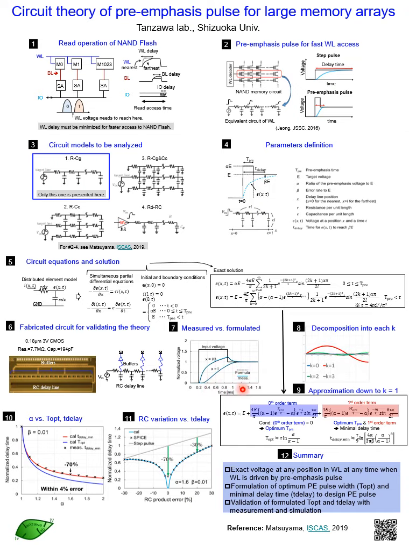This curve shows the measured result, and the dotted line shows the formula based on this equation. You see they match well, meaning this equation was confirmed to be sufficiently correct.